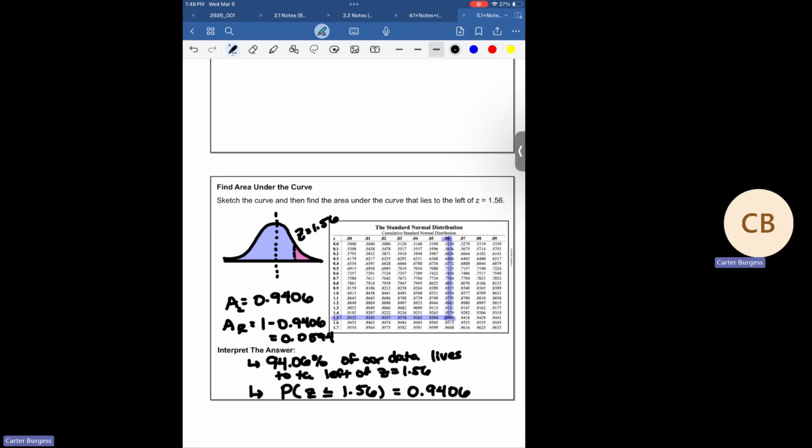Okay, a couple of pieces here that I want to dissect. What is the largest z-score that this describes? In other words, what is the upper bound that we are seeing if we are looking to the left of 1.56?